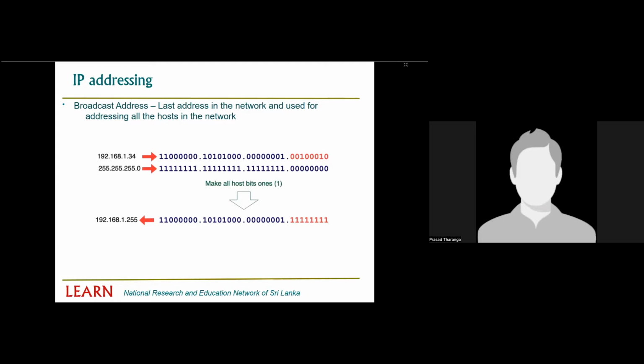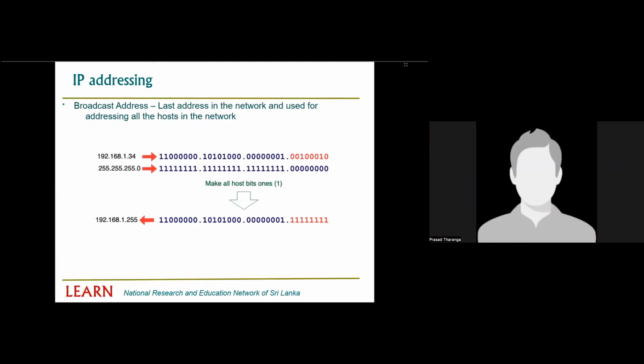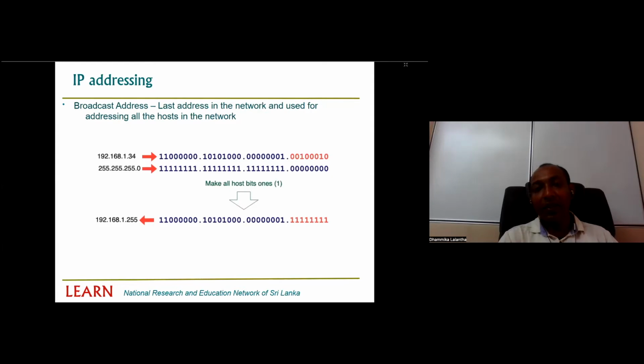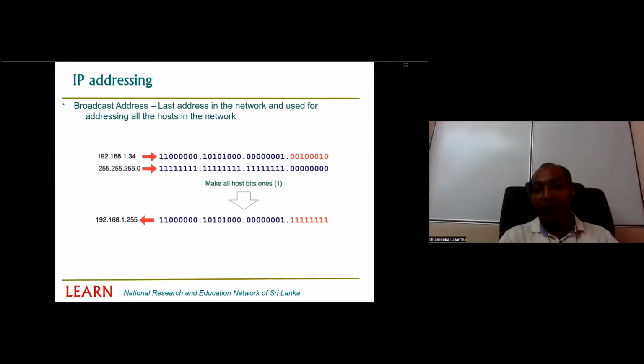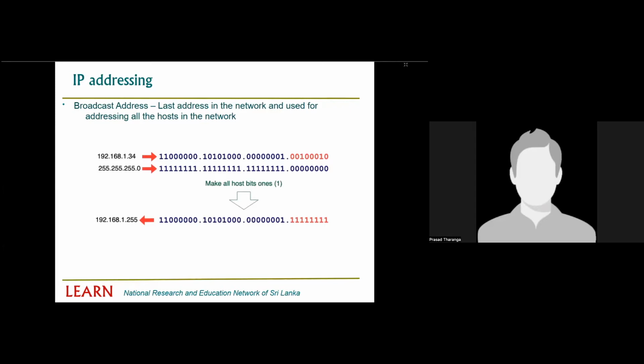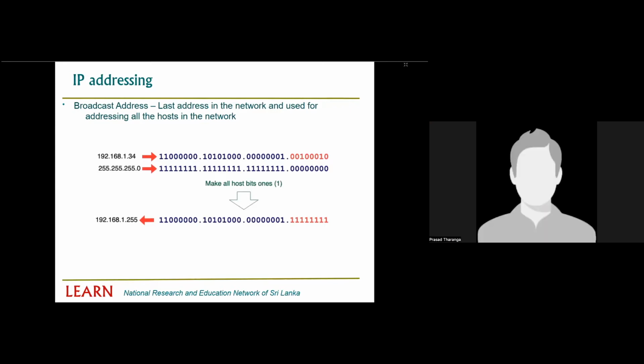Once we make them ones, we get the binary representation of the broadcast address. Then we convert that 32-bit binary number back to decimal form to get the broadcast address in decimal form.